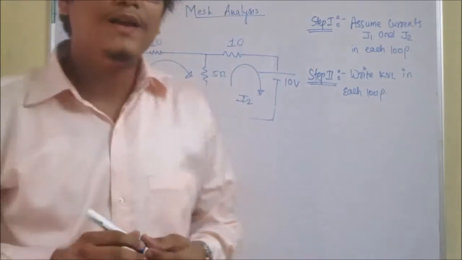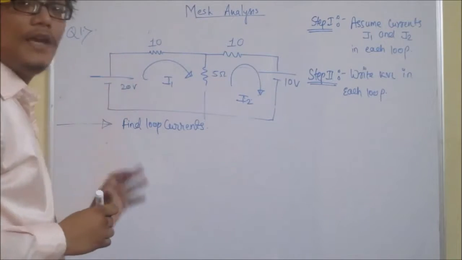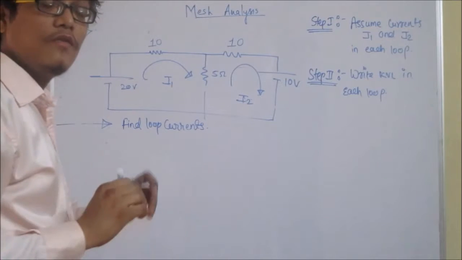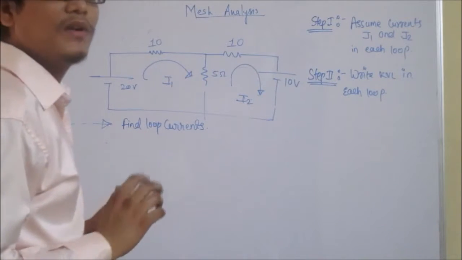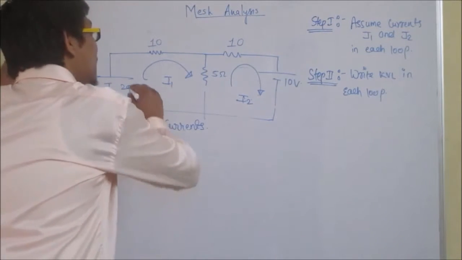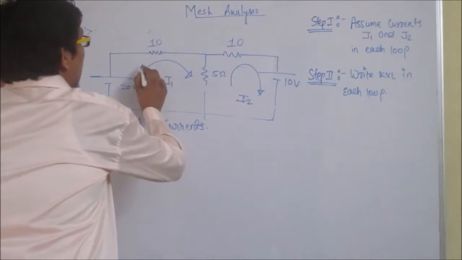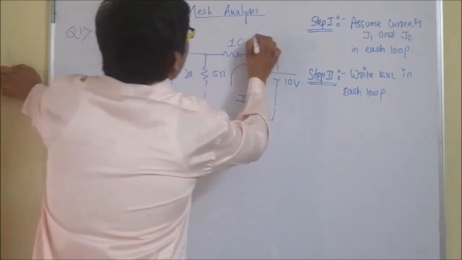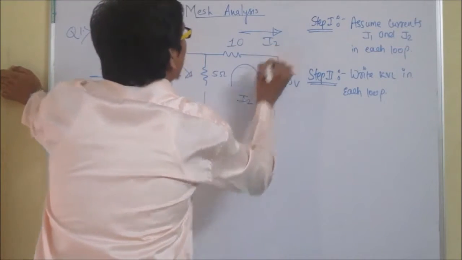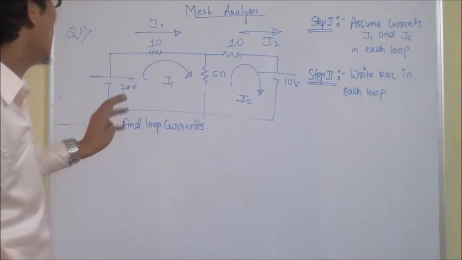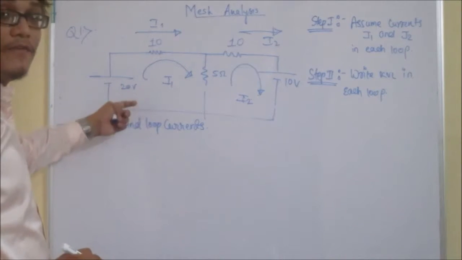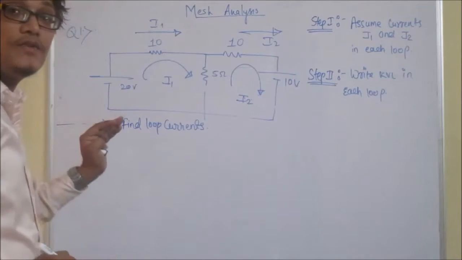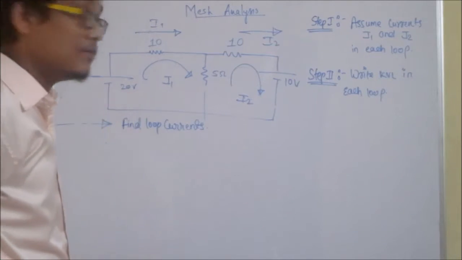Now, while writing KVL, there are certain things we have to remember. We know that the current going from here is I1 and the current going from here is I2. But you have to always remember, while writing KVL for loop 1, always assume that I1 is greater than I2.